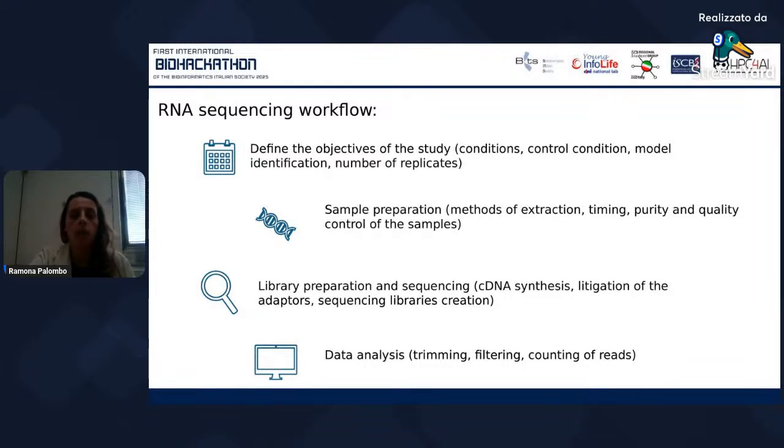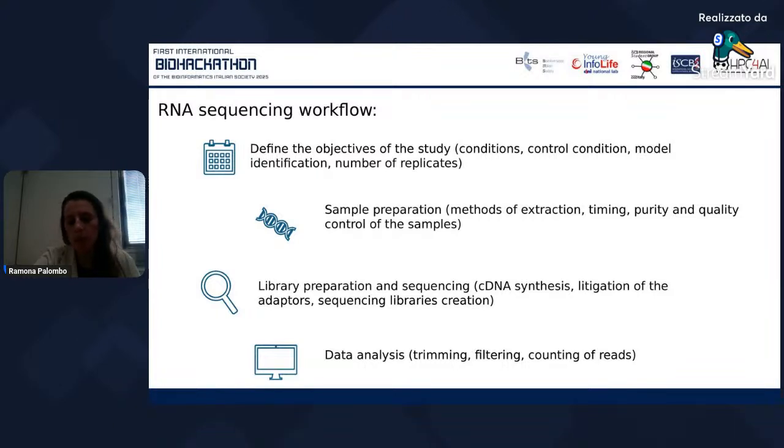And we have also to be aware of the sample preparation, because, as I said before, there are different kinds of RNA species that could be extracted from a cell, for example. And I can choose to enrich my samples with specific RNA species, for example, polyadenylated ones.